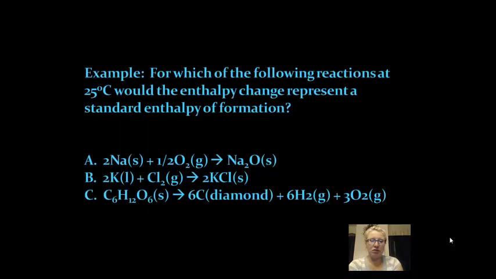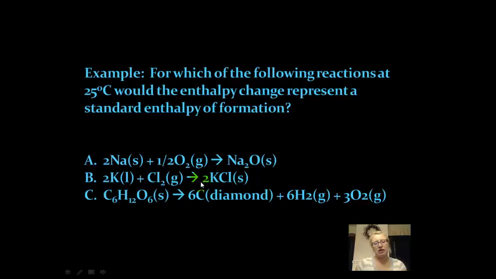For example, for which of the following reactions at 25 degrees Celsius would the enthalpy change represent a standard enthalpy of formation? So if we look at the first one, remember we're forming 1 mole, so this one is good. And sodium is found as a solid, and oxygen is found as a gas, so this would be correct. It would be a standard enthalpy of formation. In the second one, we're forming 2 moles of KCl, so this would be incorrect.